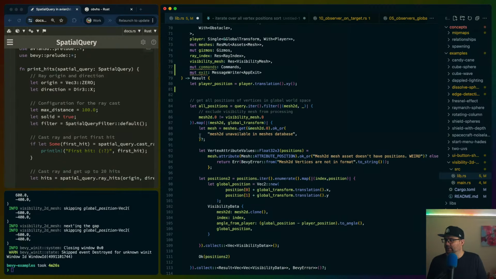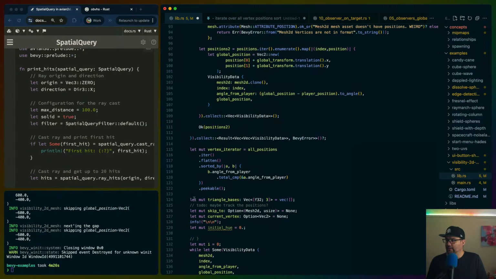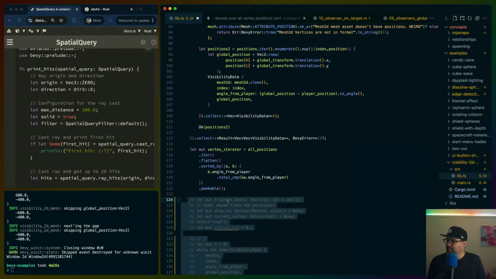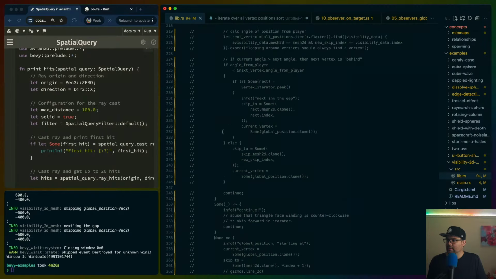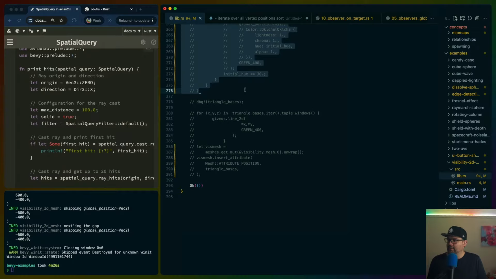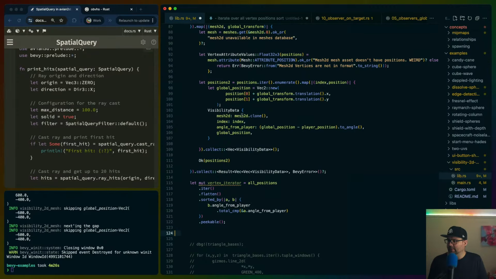So I want to... We have all of the vertices here, right? And we don't really need to skip anything at the moment. I think I'm just going to delete some of that code.